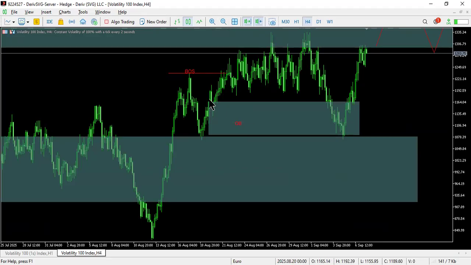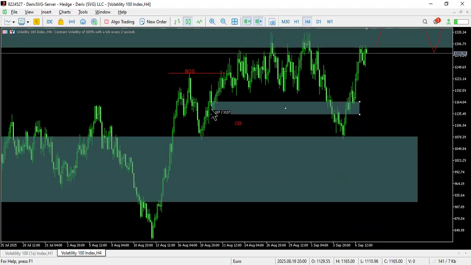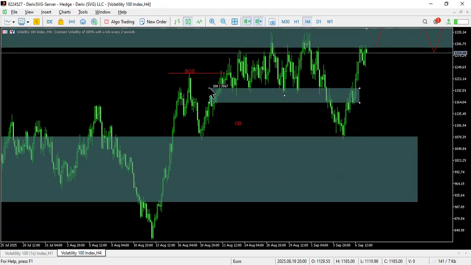So from the 4-hour time frame, that is the order block from the 4-hour time frame. As you can see, price violated that order block.